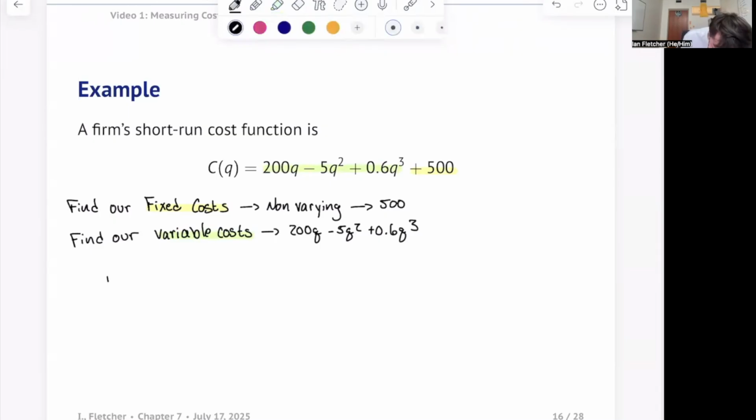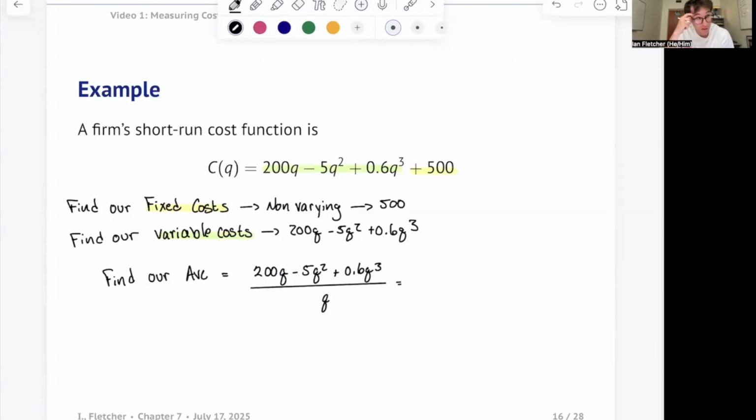And so if we wanted to find our AVC, we would take our 200q minus 5q squared plus 0.6q cubed all over our total quantity output, which would be 200 minus 5q plus 0.6q squared.